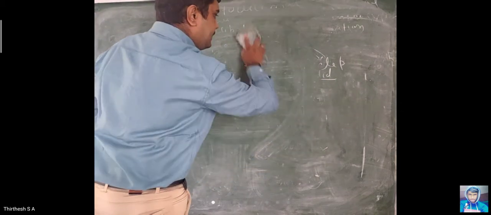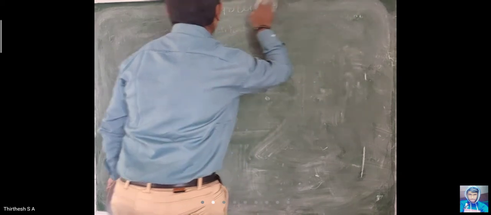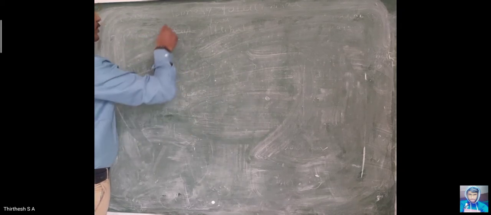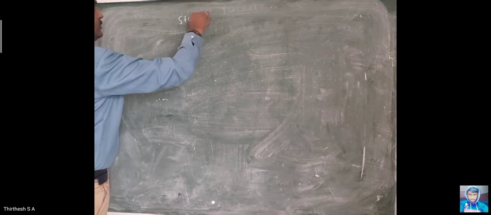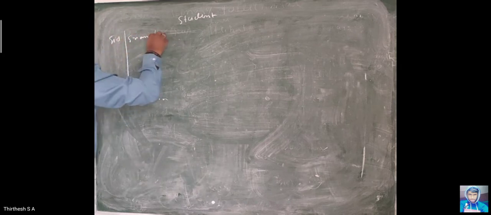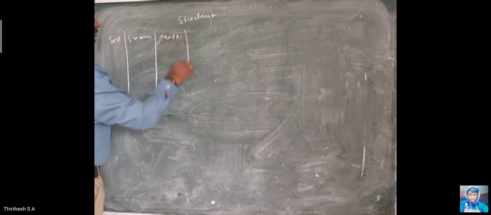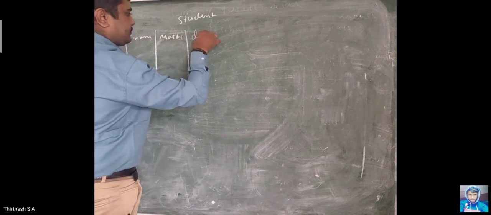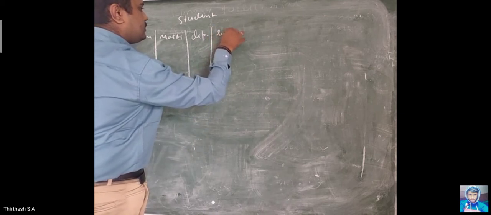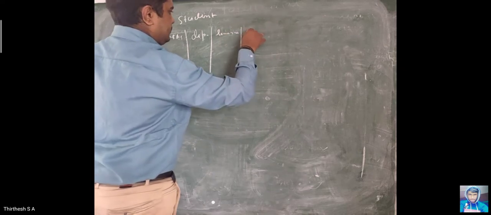So let me give you an idea once again of what normalization actually is. For example, you have a table. You are creating a database for a student. The different attributes will be SID, SName, marks, department, room number, and building.